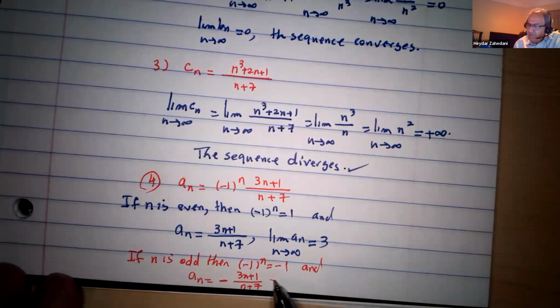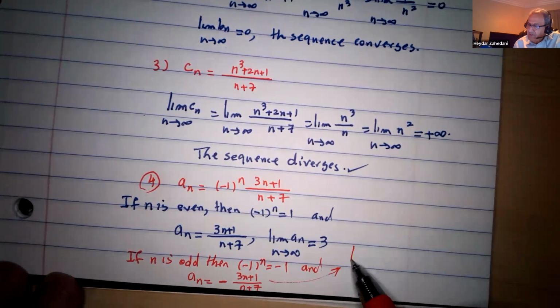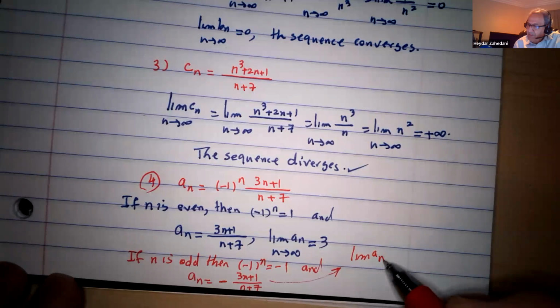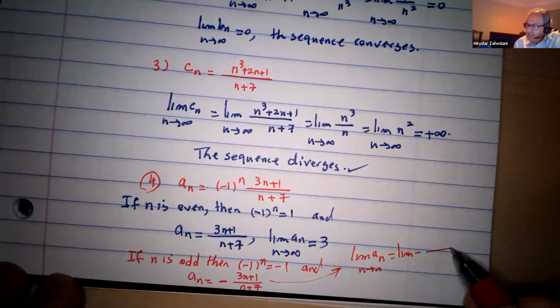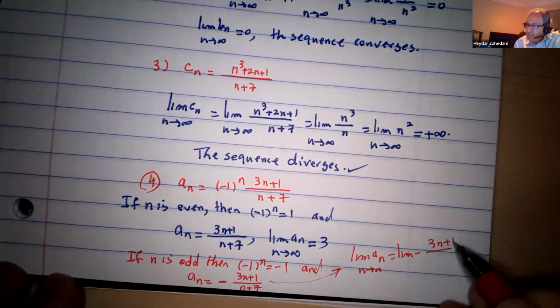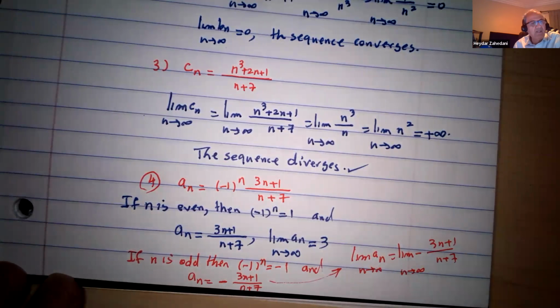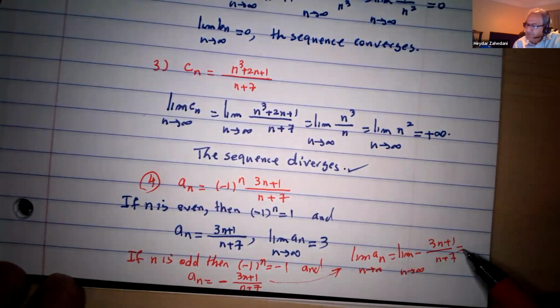And if you want to find the limit, the limit of a_n in this case, when n goes to infinity, would be the same as the limit of -(3n + 1) over (n + 7) when n goes to infinity. In this case, because of this negative sign, the limit would be -3.